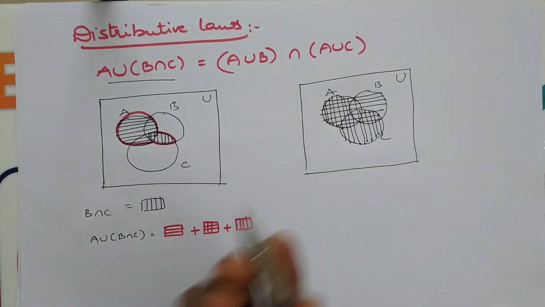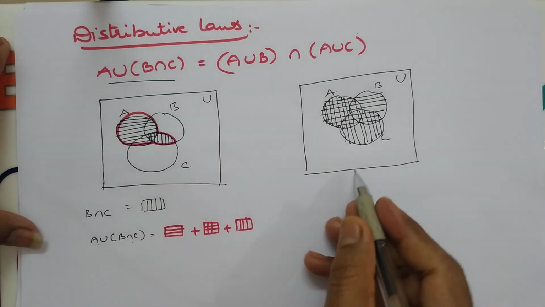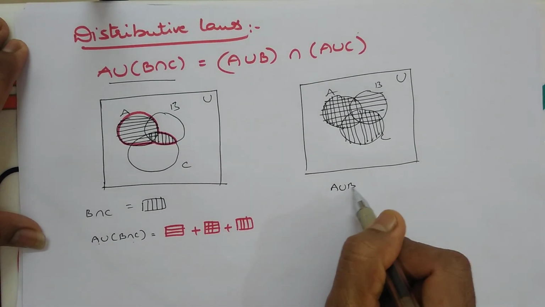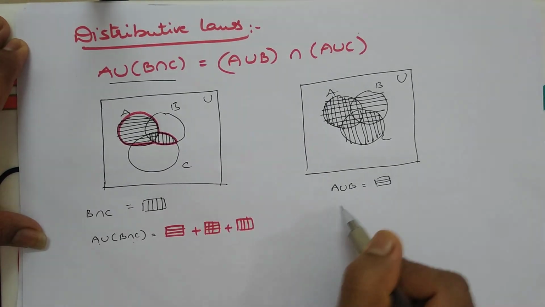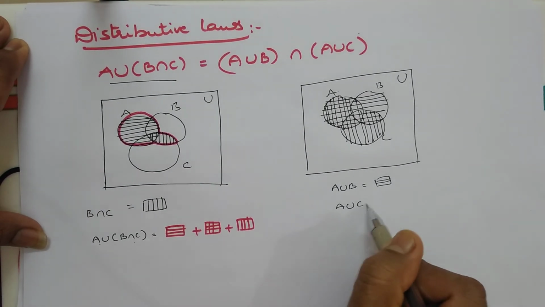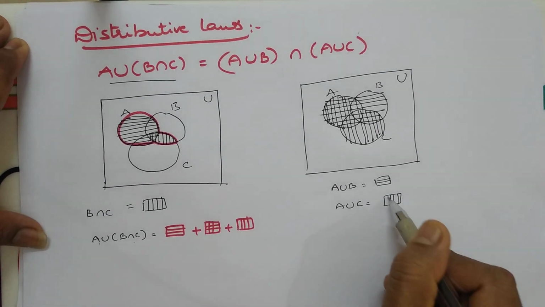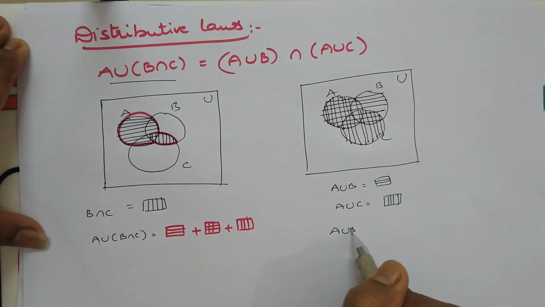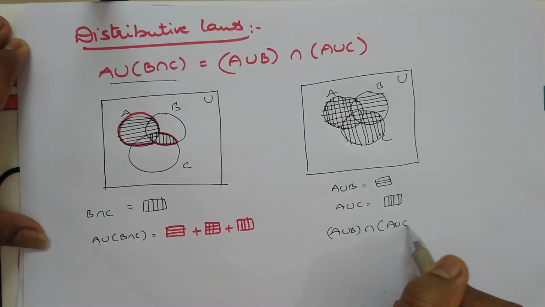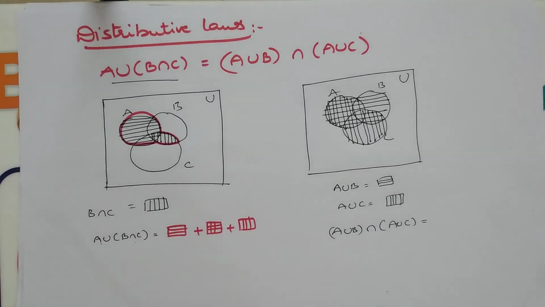So first of all I am writing to differentiate: A union B I have drawn as horizontal, A union C I have drawn as vertical lines. Now (A union B) intersection (A union C). Now it goes to only C here.